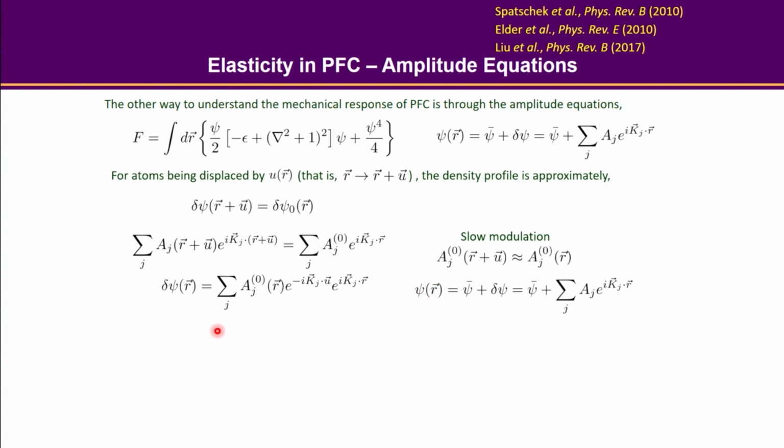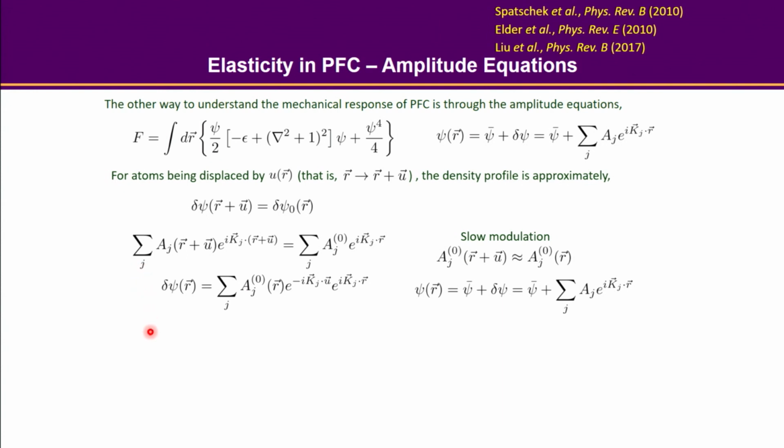And the goal is to get the description for this solid with a displacement, right? So by doing that, what we are working out is, by dividing this exponential e^{ik_j·u} to the other side, or by simply shifting this r plus u, trying to write a density field with strain, so that if you give me a position r, what the density field is going to look like, right?